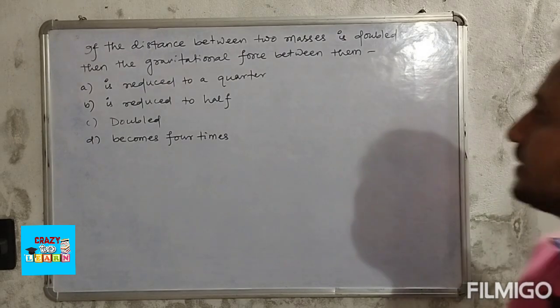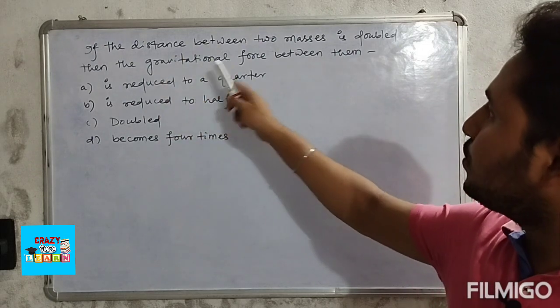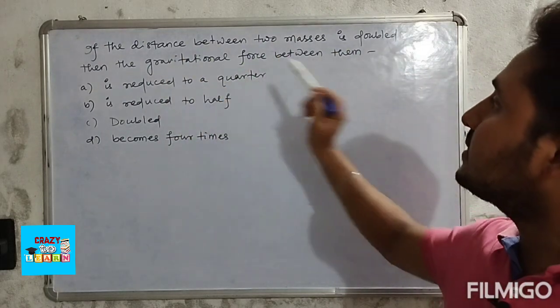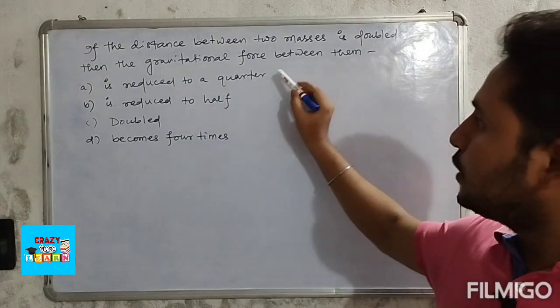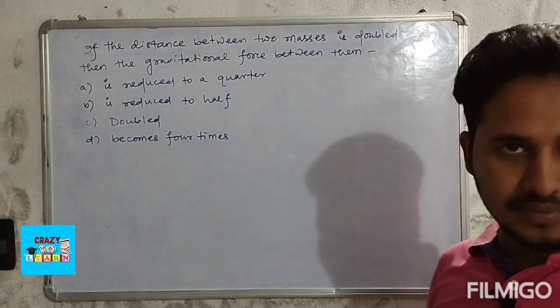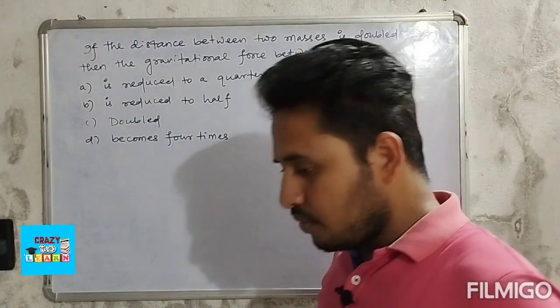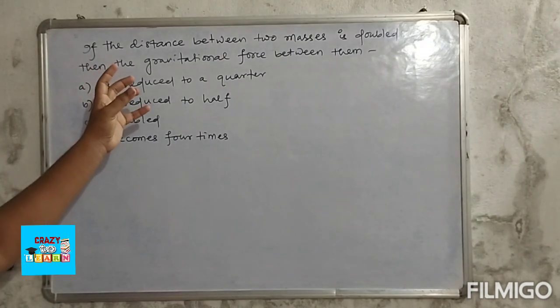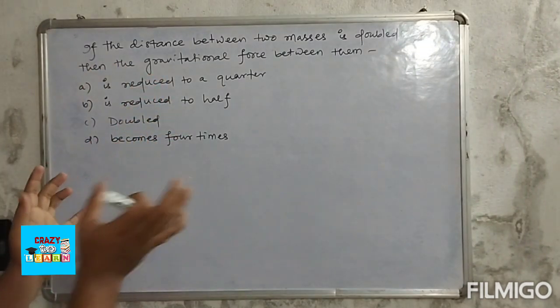Our next question is: if the distance between two masses is doubled, then the gravitational force between them is reduced to a quarter, reduced to half, doubled, or becomes 4 times. So what is the formula for the gravitational force when two masses are given and the distance between them is given?